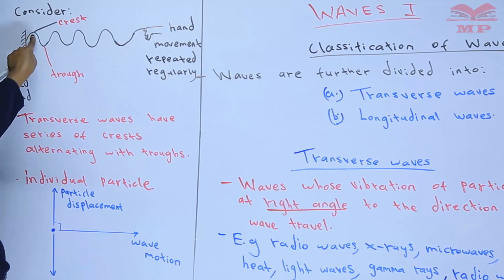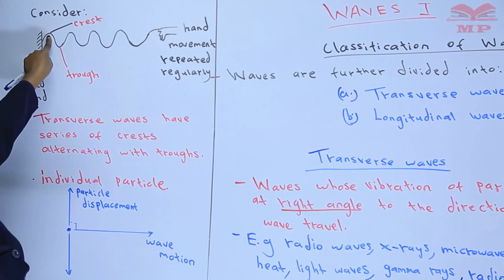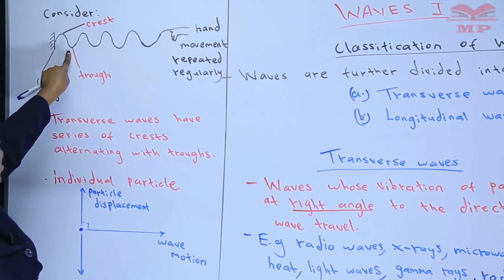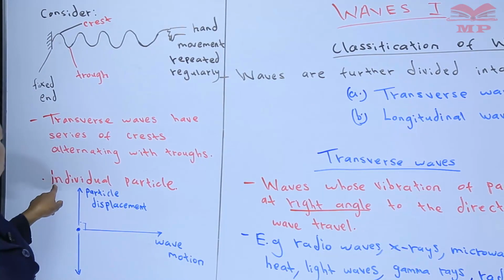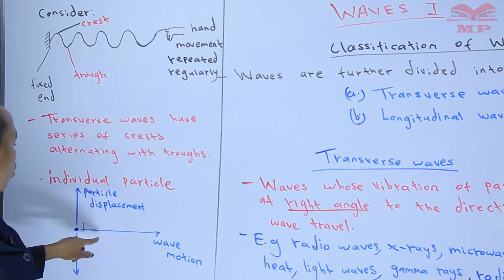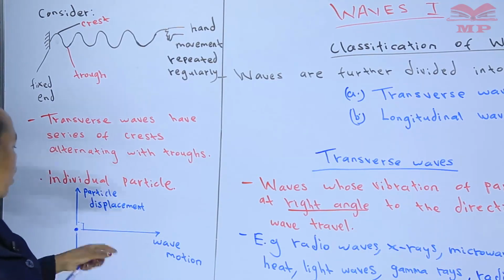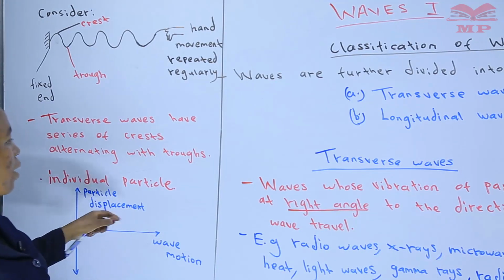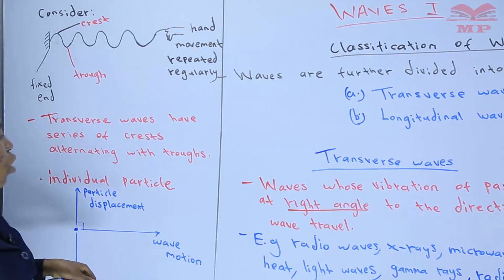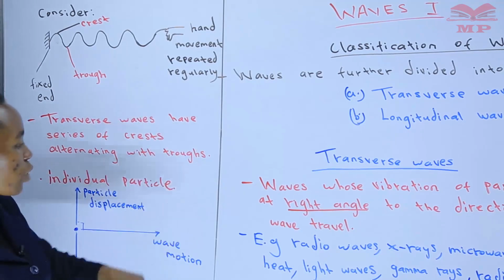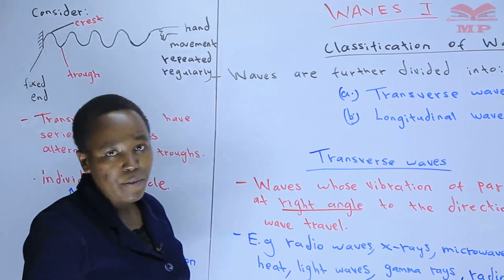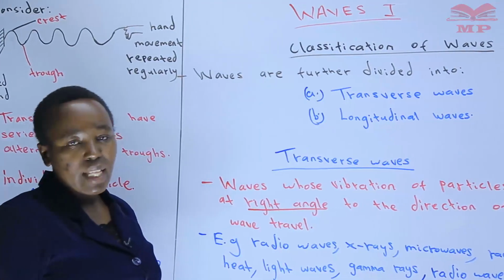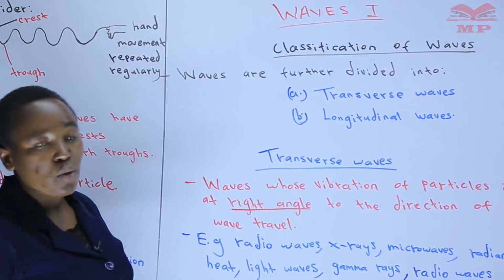So we have the upper section as a crest and the lower one as the trough. And for an individual particle, the vibration is at right angle to the direction of wave travel. Hoping that that is clear for transverse waves.